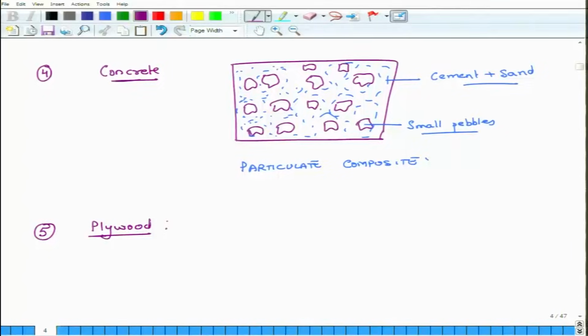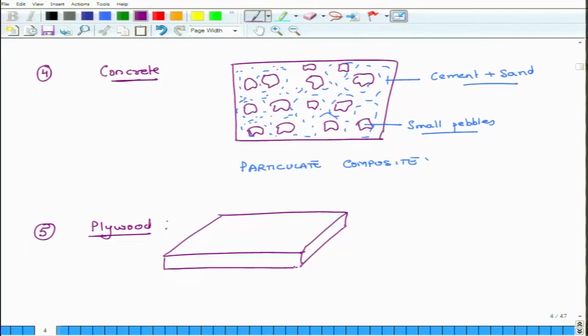So, when you look at a piece of plywood, suppose this is the plywood, and plywood can have several layers. Let us at least in our case consider that this particular plywood which I am drawing has only 2 layers, but typical plywoods have several layers, 7-8 layers, depending on the thickness of the plywood. But for purposes of our class and making a quick drawing, it has only 2 layers.